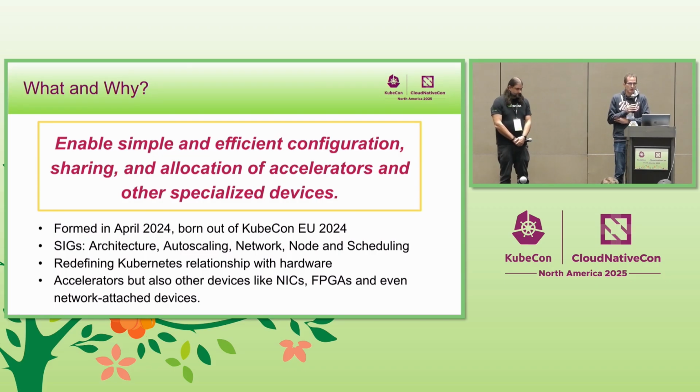I've mentioned hardware. It started out as focusing on GPUs, but it's certainly not limited to that. Network devices are covered by existing drivers, and we have an overall design that is supposed to be flexible enough to cover everything that we want to do with special hardware in Kubernetes going forward.